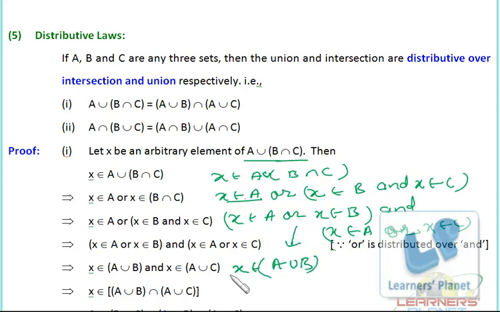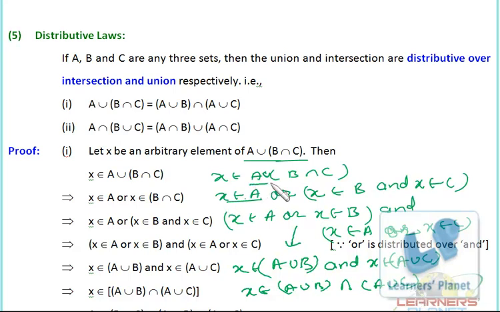Or means union. So X belongs to A union B and X belongs to A union C. Now this is AND sign over here, so this can be converted to intersection sign. So that means X belongs to (A union B) intersection (A union C), right?